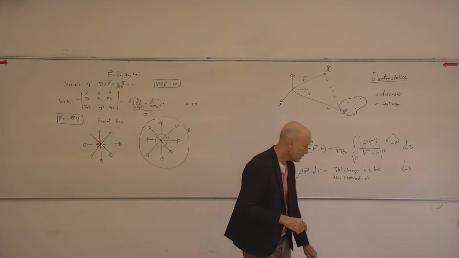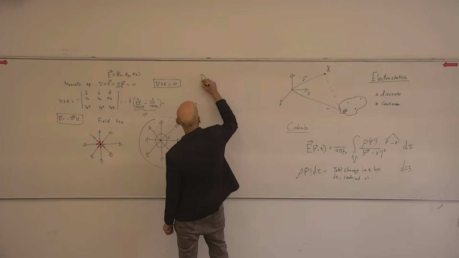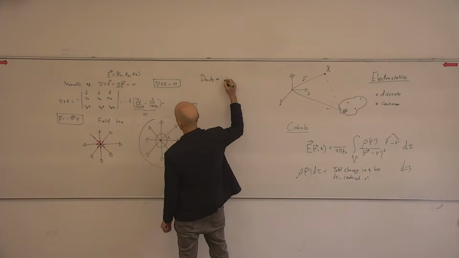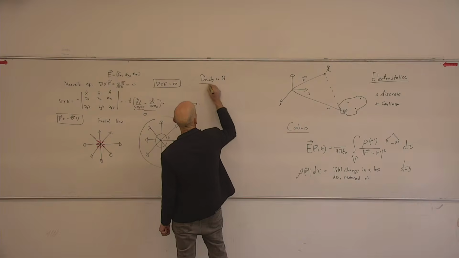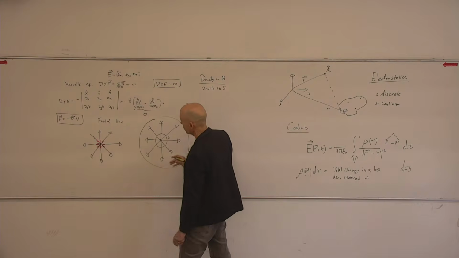The reason is very simple. What is the density of these lines on the big sphere versus the density on the small one?